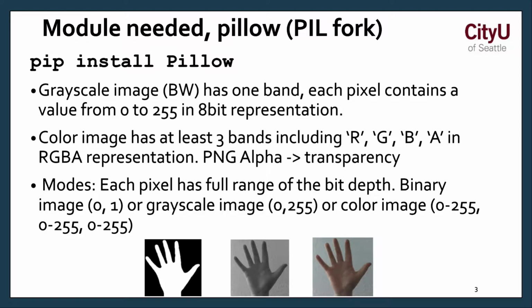A color image has three bands, including RGBA, where Alpha means transparency. And for the modes, you have 0 and 1, which is black or white, a binary image, grayscale as we have mentioned, and the color image, which would have 0 to 255, but with the three R, G, and B.